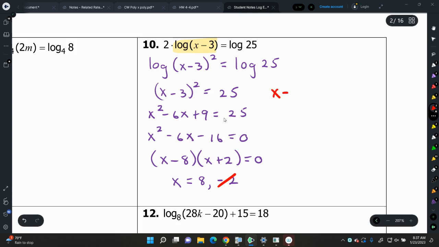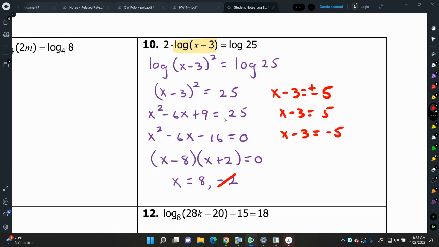You're going to get x minus 3 equals plus or minus 5. So make sure you do x minus 3 equals 5 and x minus 3 equals negative 5. In this particular example, if you forgot to do the plus or minus, it would work out okay, but that's not always the case, right? Good observation.